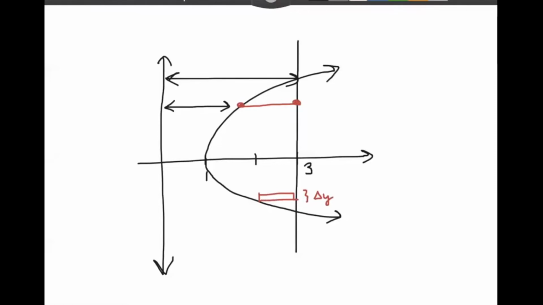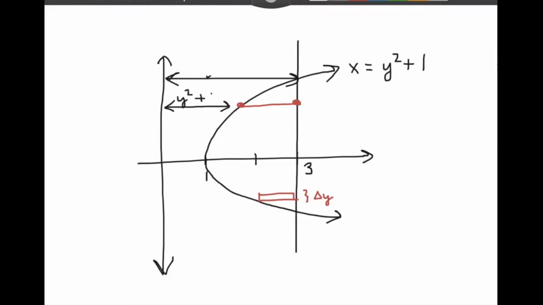Okay. So what I want to talk about now is what would be the expression for r of y. Remember that the equation for this parabola is x equals y squared plus 1. So that is the length of the line segment going from the y-axis to the parabola. No, I'm sorry. What I said was correct. What I was starting to write, though, was in the wrong place. This distance here is y squared plus 1.